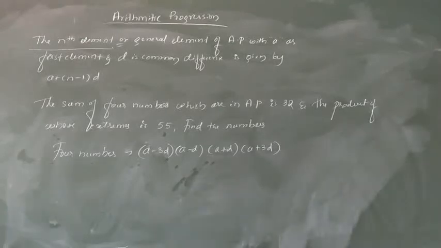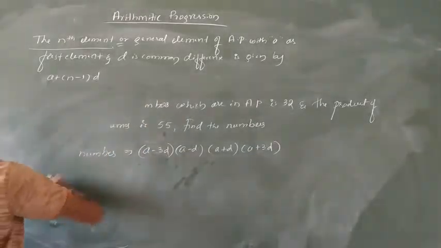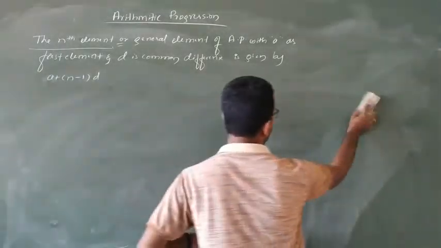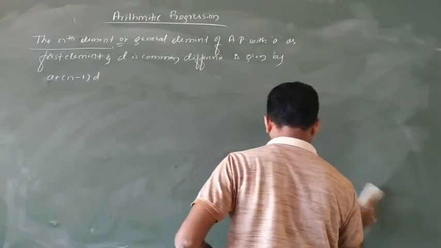Okay, and the last one is an important property that I am going to provide here. This is also very important. Many times on the basis of this property questions have been asked in the exams also.